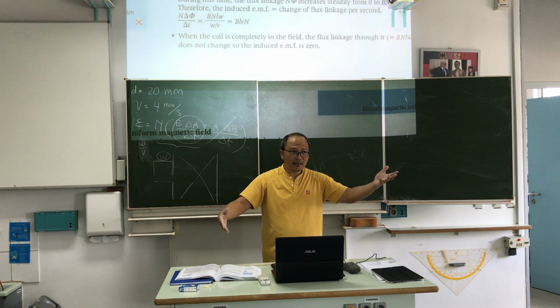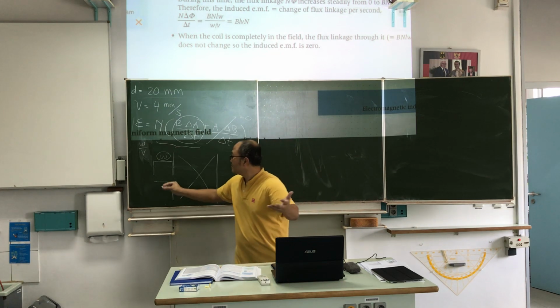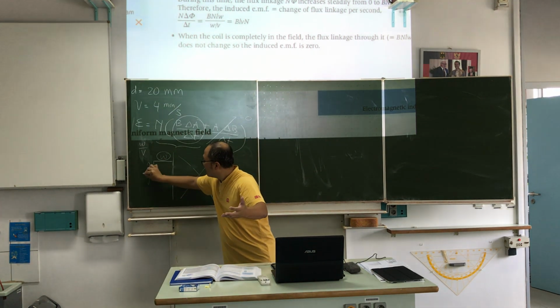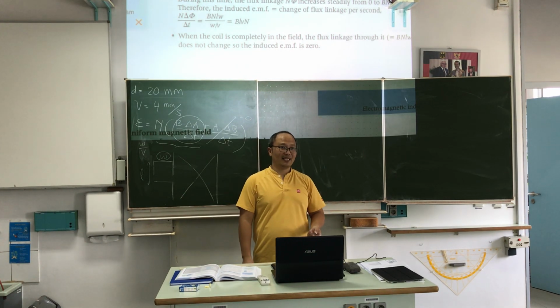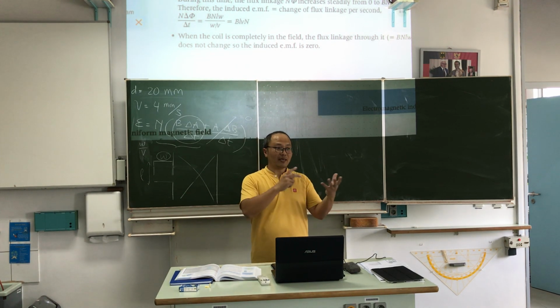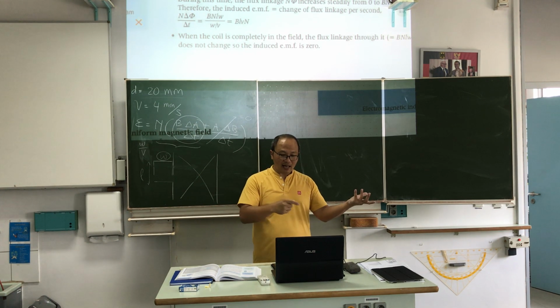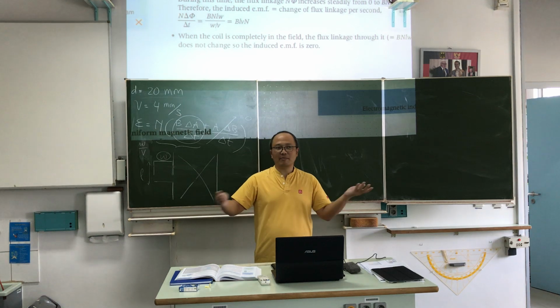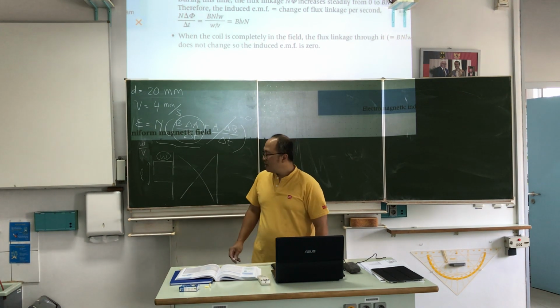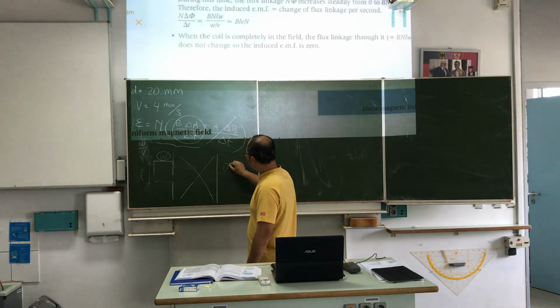B and A, L times W is the A. Yes, it increases from 0 to NBA, correct? N B times L W is just NBA.